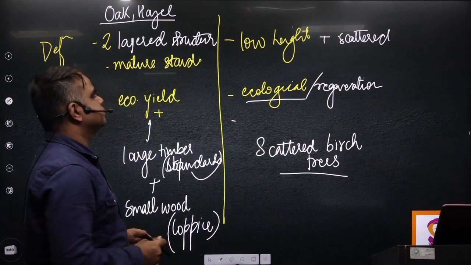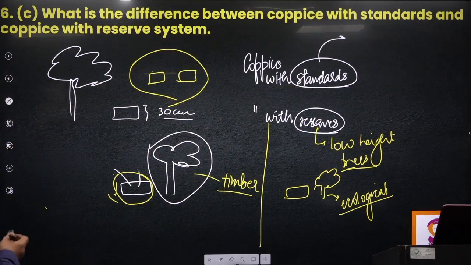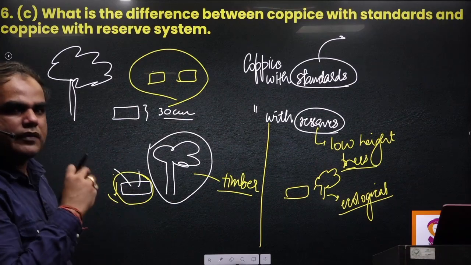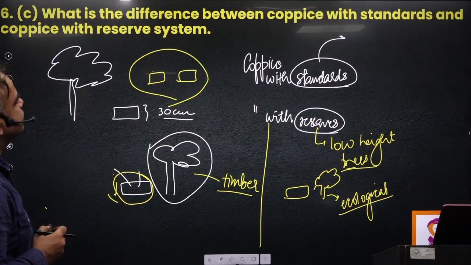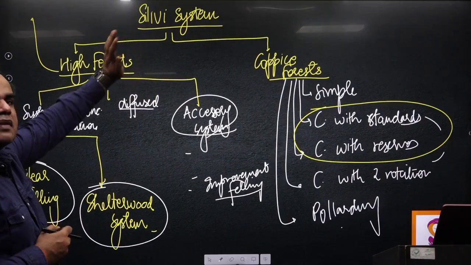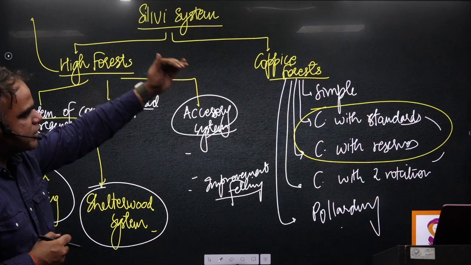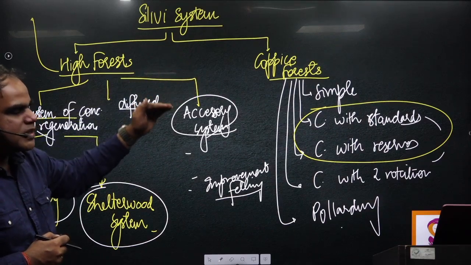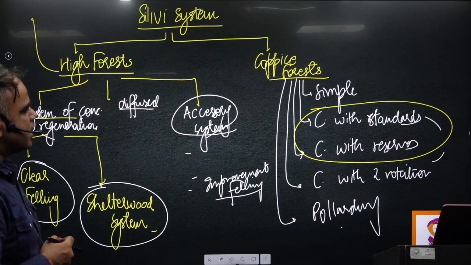That is how you can understand the difference between coppice with standards and reserves. That is why I told you, if you want you can also draw a diagram to explain that. This follows our understanding of silviculture systems: high forests, coppice forest, and coppice may be simple, coppice with standards, or coppice with reserves. That is how you can understand this whole part.